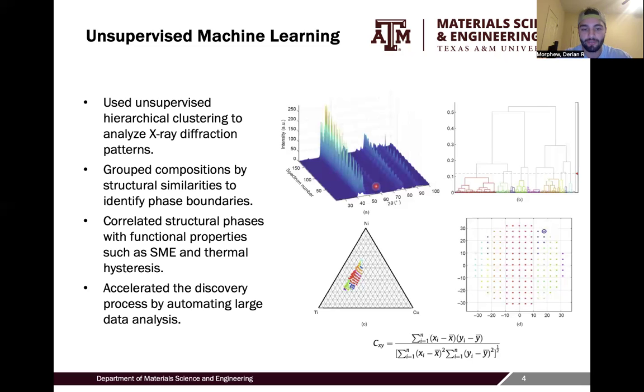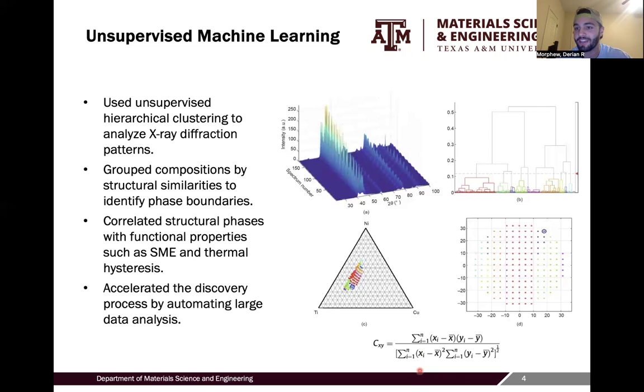And so they used the Pearson correlation coefficient, which is seen down here by this equation. All that is, is a statistical measure that evaluates the linear relationship between two sets of data.